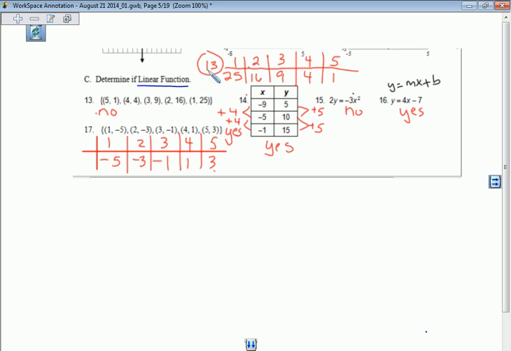Now, number 17, as x changes by 1, the y's went down by 2 every time. So we had a slope of, no, they went up by 2, excuse me. Positive 2 over 1, so we had a constant rate of change. So yes, was the answer to number 17. Do those make sense? Okay. Are we good?